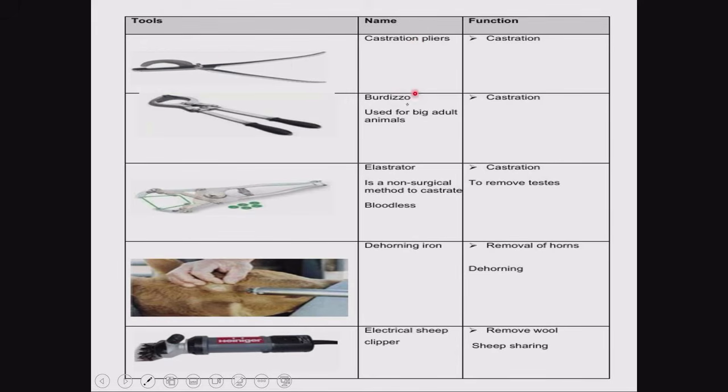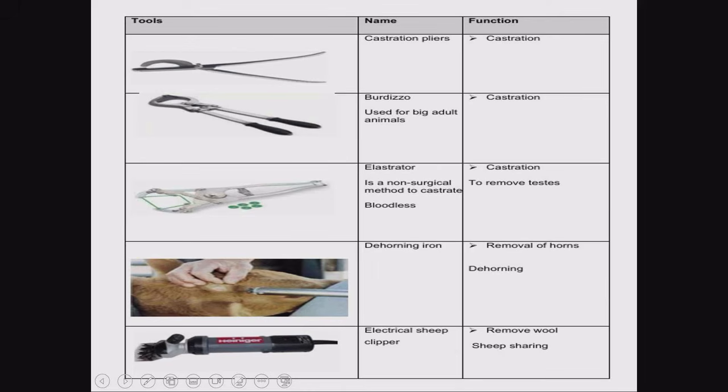We have a badizo. There's a picture of a badizo. We have an elastrator. There's a picture of an elastrator. So the castrating pliers is used for castration, and the badizo is used for castration, but mainly in old animals, the big bulls. And then we have the elastrator that is used to castrate especially young animals.